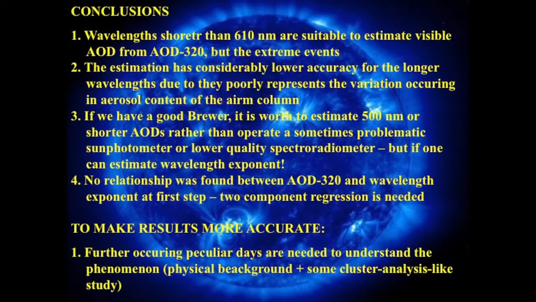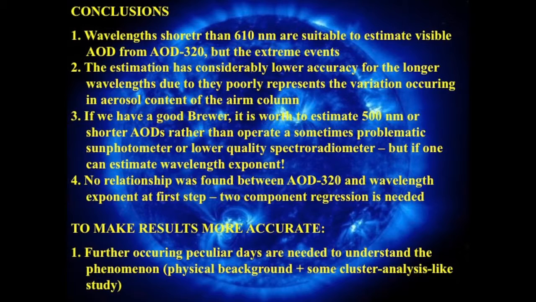Okay, some conclusions, and I finish. The wavelengths shorter than 610 nanometers are suitable to estimate visible AOD from Brewer AOD, except for the extreme events. And the estimation has lower accuracy for the longer wavelengths because they poorly represent the variation occurring in the aerosol content of the air column.